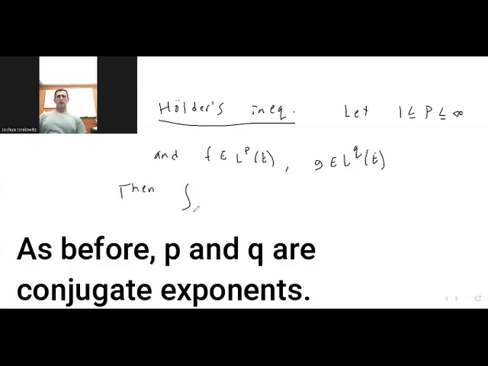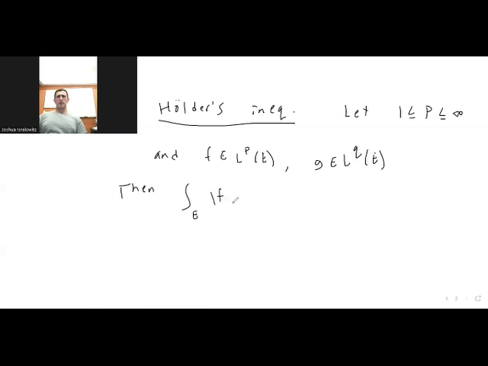Then the claim is that the integral of fg over E is less than or equal to the L^p norm of f times the L^q norm of g over E. Okay, so most people will say, without loss of generality, we can assume the norm of f and the norm of g are both 1. So let me essentially do that.